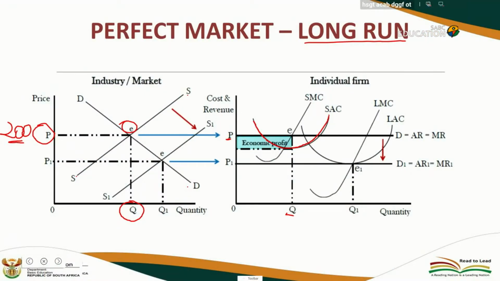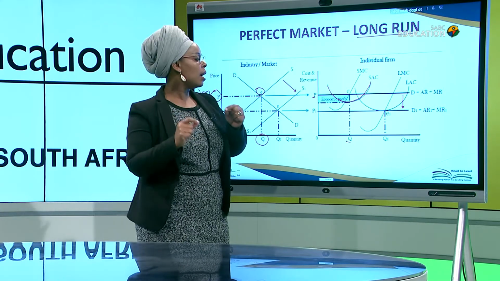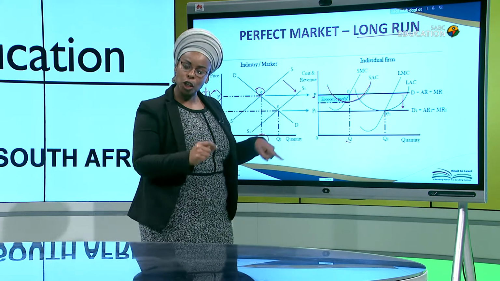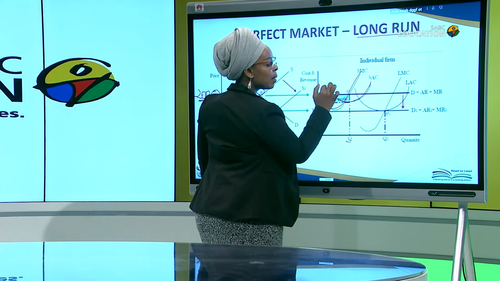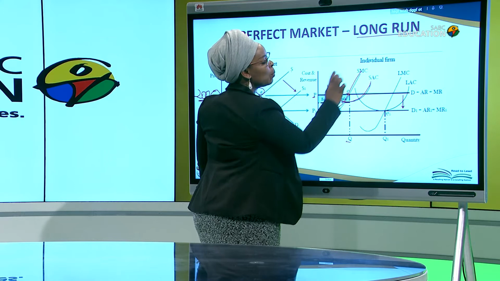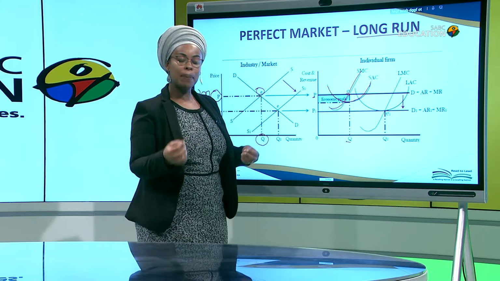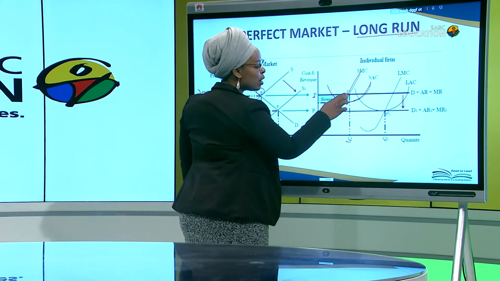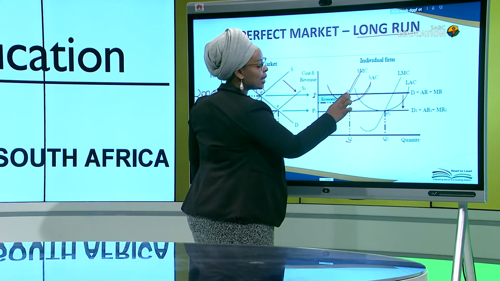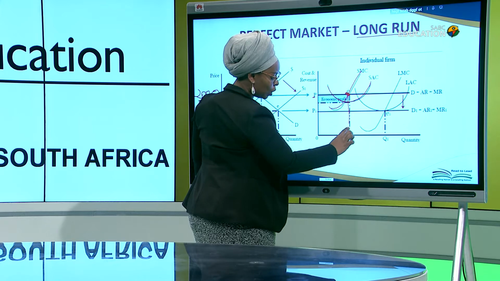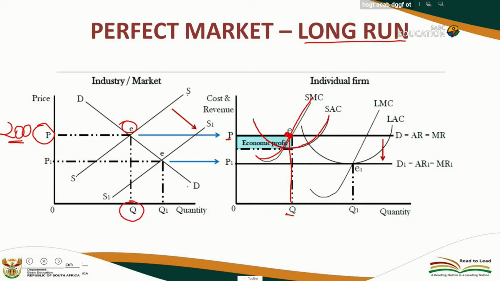This time we will label it SAC. What does it mean? It means short run average cost, because we are dealing with the short run. And then the marginal cost will intersect with the marginal revenue at point E, and we will label it SMC, short run marginal cost. So this will be the equilibrium point where MR and MC are equal, or the profit maximization point, and if you draw downwards, this will be your profit maximizing quantity.